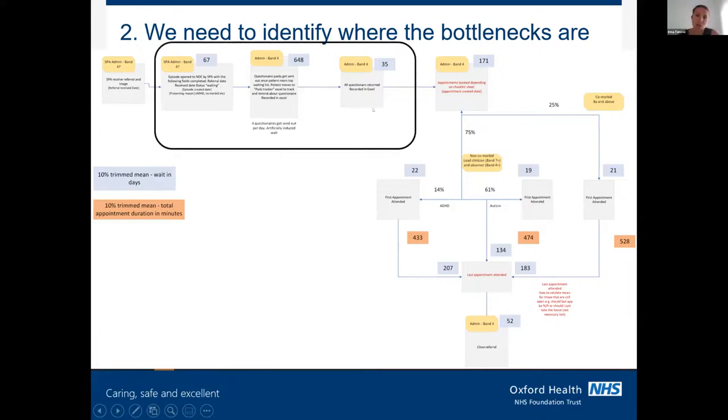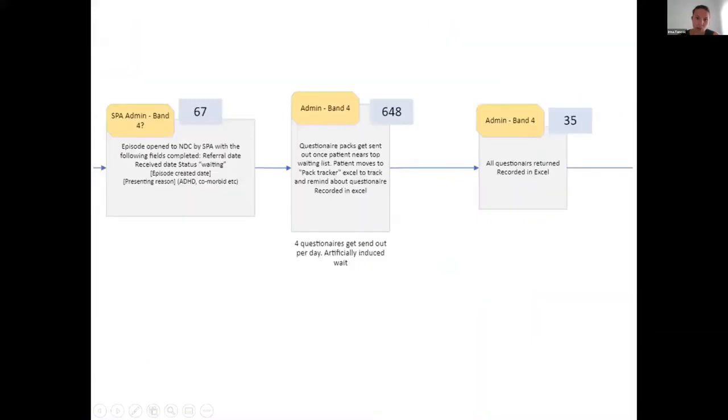So we first wanted to look at this section, where the episode gets opened to NDC by SPA, and then it takes almost 2.5 years for the questionnaire to be sent out. What we saw is that on average 4 questionnaires get sent out per day, and it's actually an artificially induced wait, because the problem lies further down the pathway.